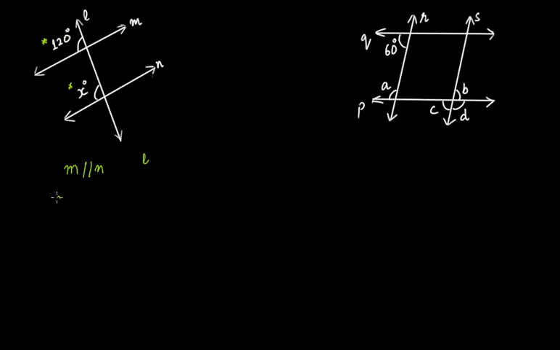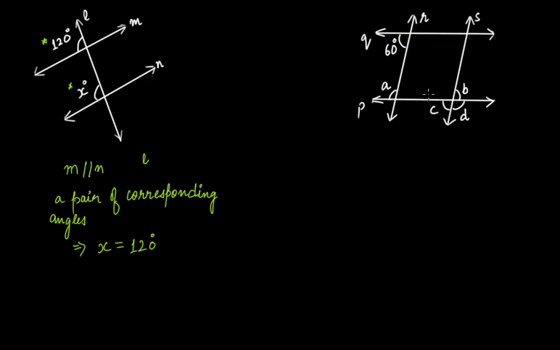Is a pair of corresponding angles, and we know that in the case of the transversal to the parallel lines, these two angles, that is a pair of corresponding angles, are always equal. Therefore x will be equal to 120 degree.